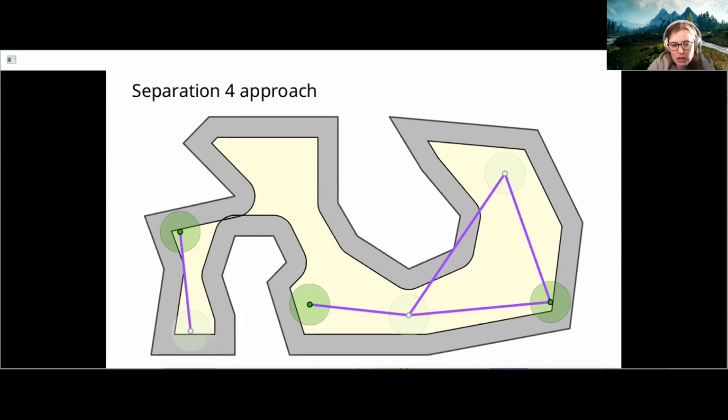And then using this motion graph, we're going to move the robots, only moving each robot from location to location. So the whole motion will go from a starting position to another, maybe starting position, maybe target position, moving along this purple graph.